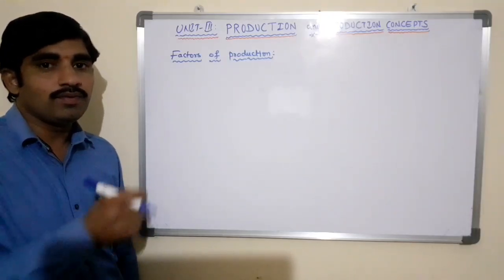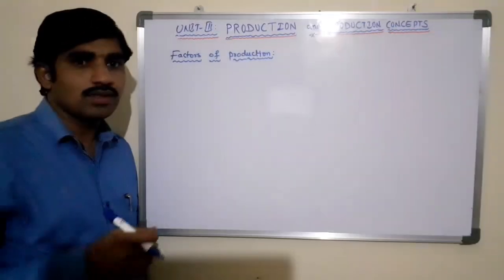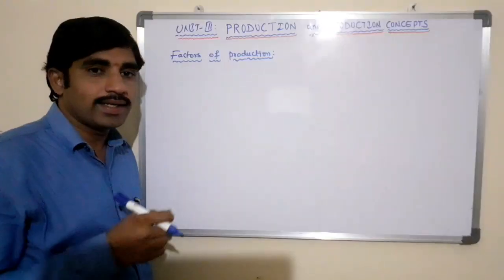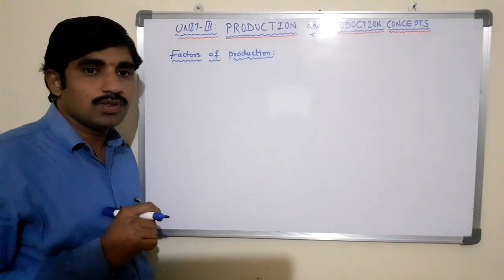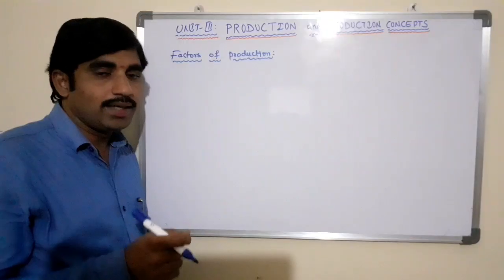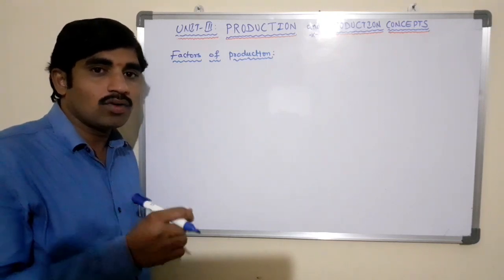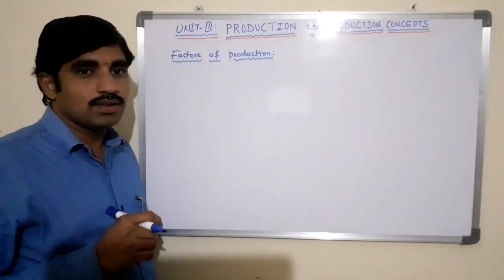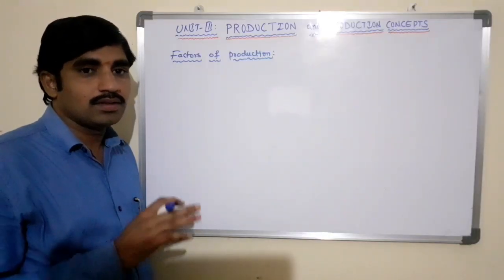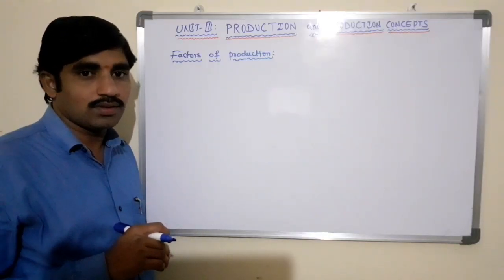The main aim of these inputs is earning an economic benefit. So why are we introducing these inputs to produce the product? With the aim of earning an economic benefit. If there is no economic benefit from using these factors, there is no need to produce the products.